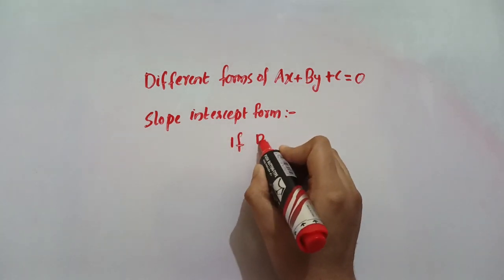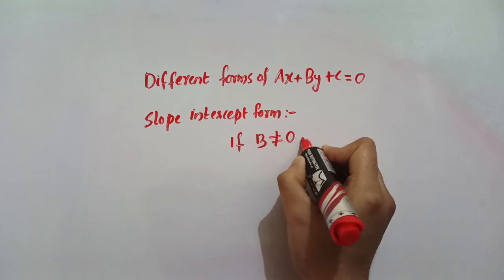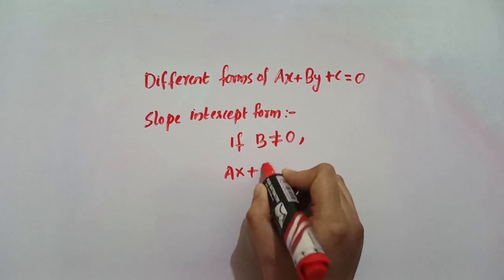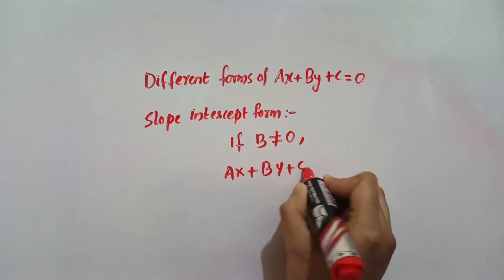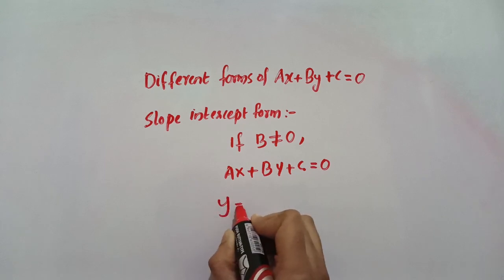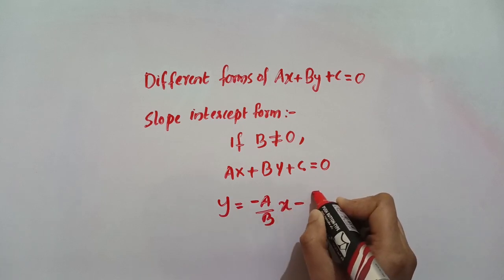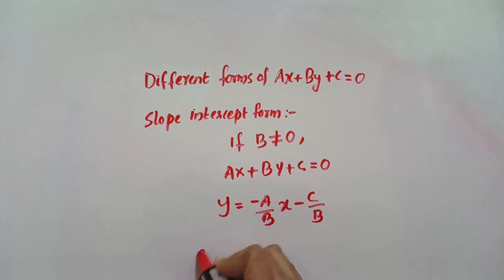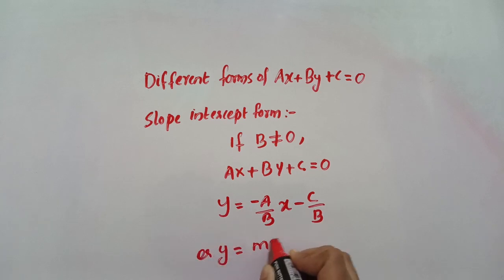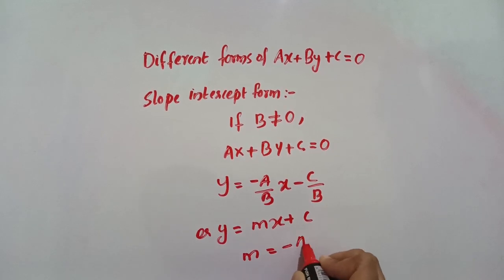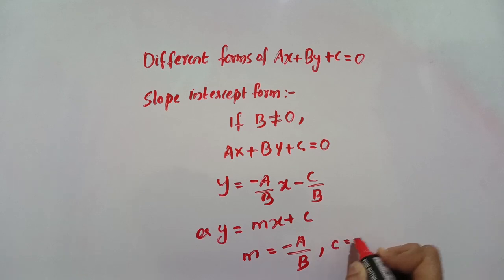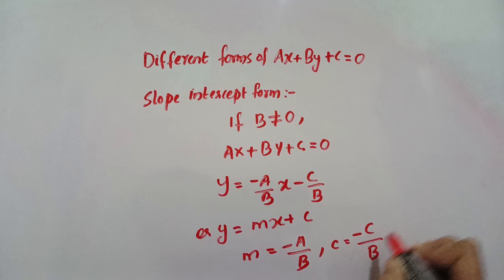In slope intercept form, if b is not equal to 0, then ax plus by plus c is equal to 0 can be written as y is equal to minus a by b x minus c by b, or y is equal to mx plus c, where m is equal to minus a by b and c is equal to minus c by b.